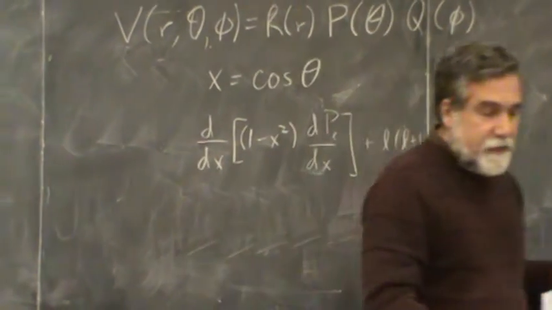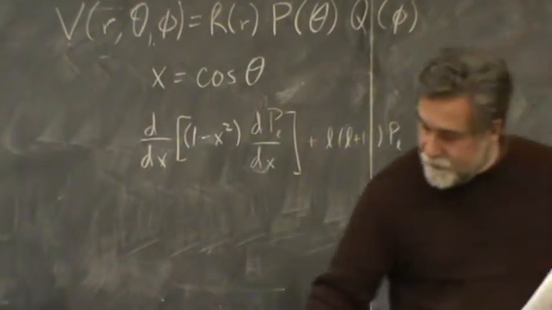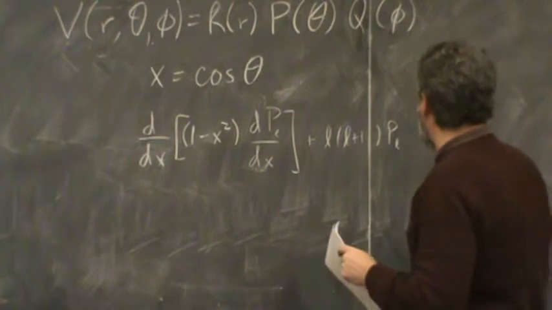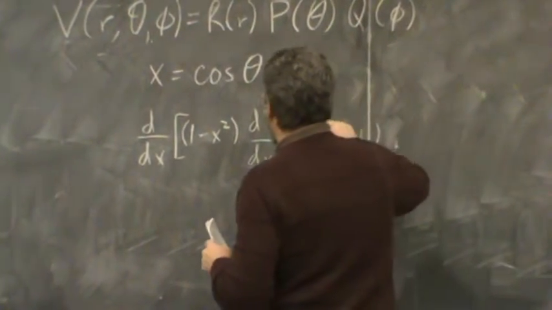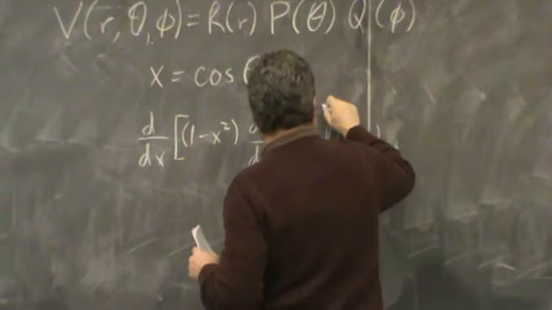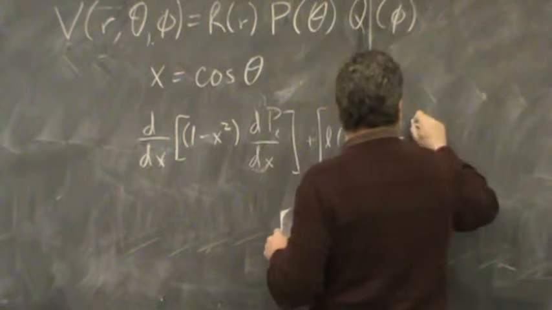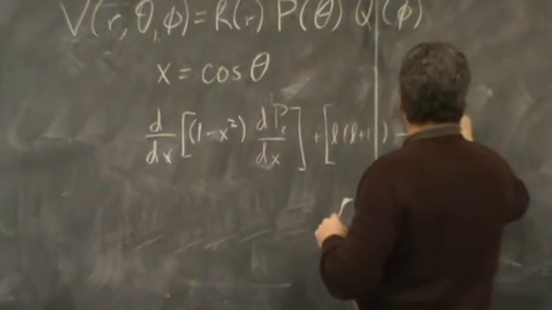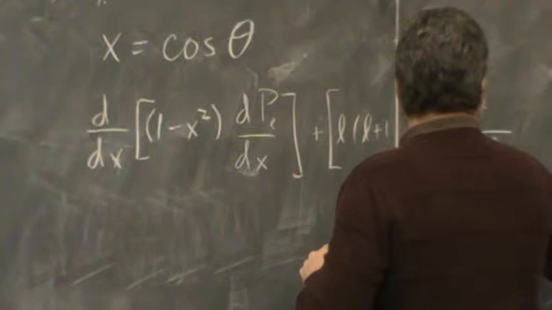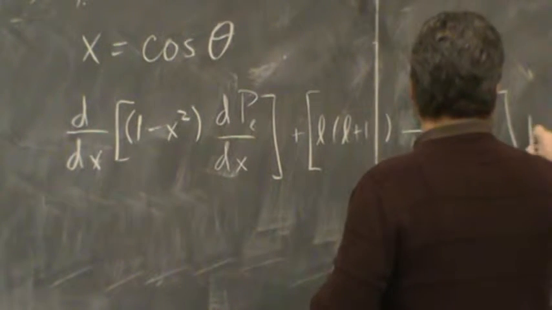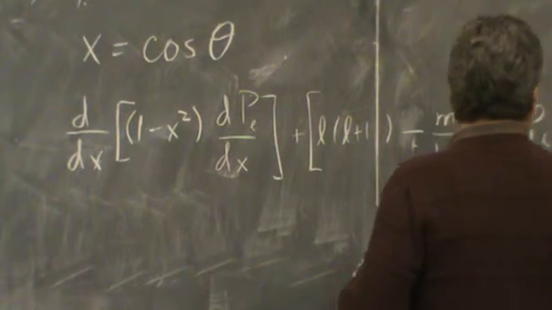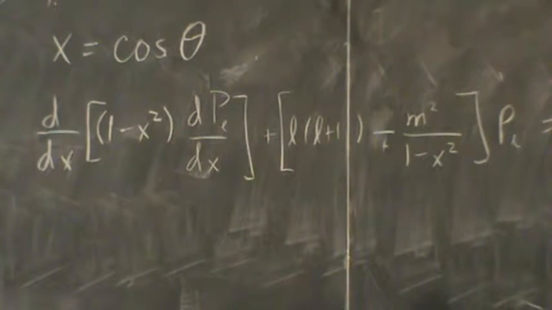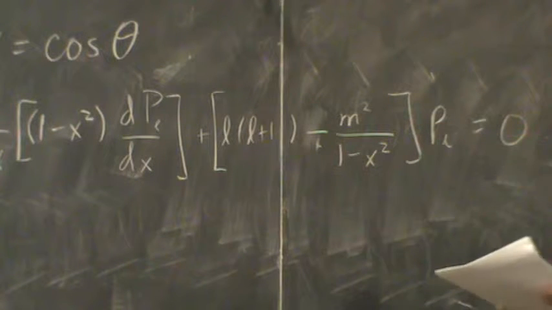Plus m squared. Are those the operator symbols or just bigger parentheses? Bigger parentheses. So making that substitution, the equation looks like that.